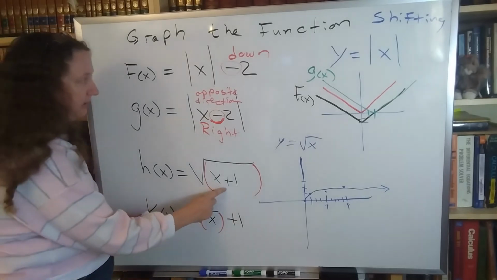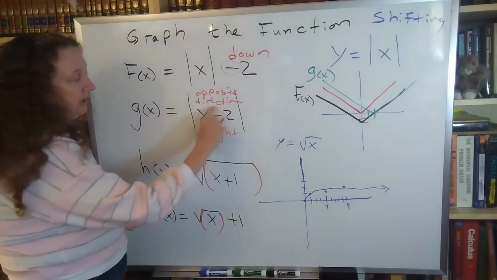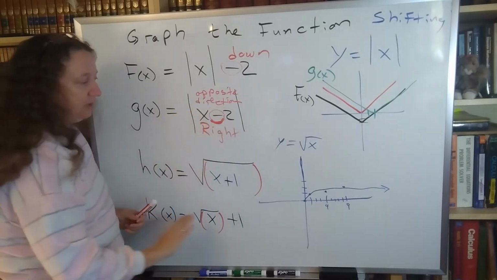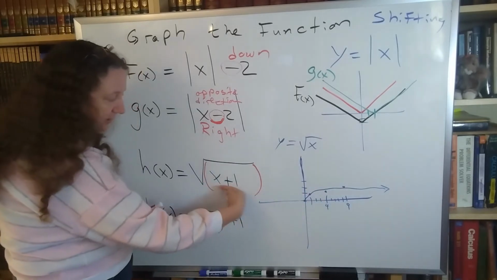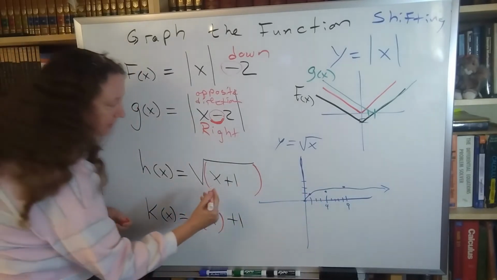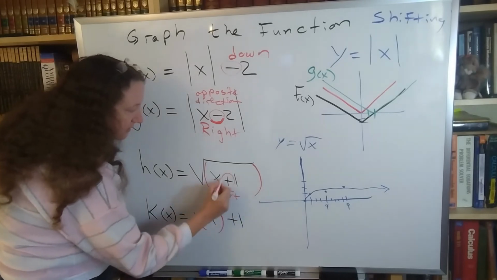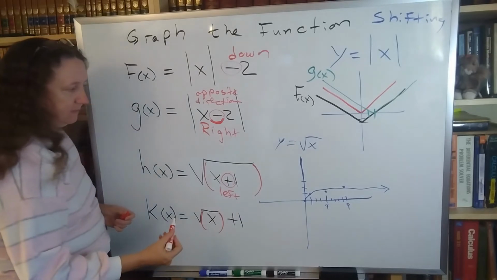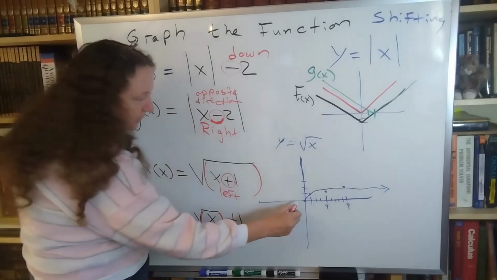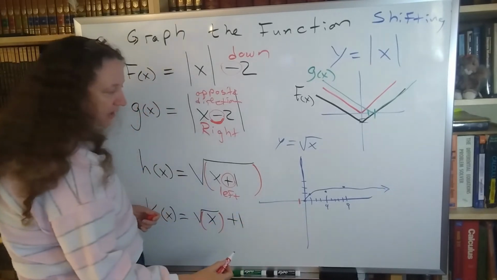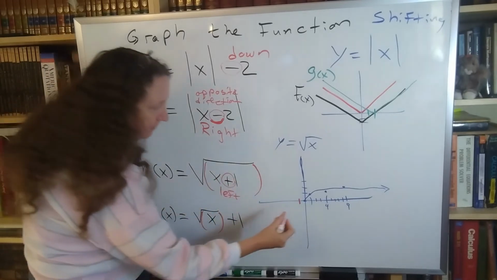Looking at this, I see that it's a plus sign, and like I said up here, it goes the opposite direction. Normally positive would be off to the right, but because it's a plus, it is going off to the left. So I'm shifting this left 1 space. I find my -1, and everything just gets shifted left 1 space.